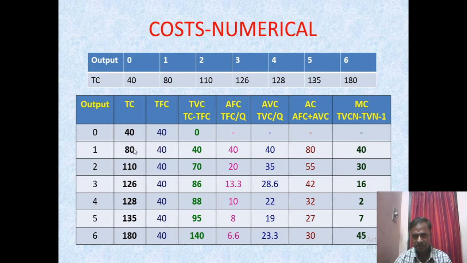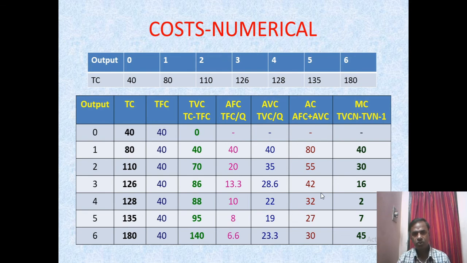TCn minus TCn-1. TCn is 80, n minus 1 is 40, so 40. MC is calculated one way by TC, another way with the help of TVC. This is a safe way of calculating MC. You see here 40, 70 minus 40, 30, 86 minus 70, 16, 88 minus 86, 2, like that.